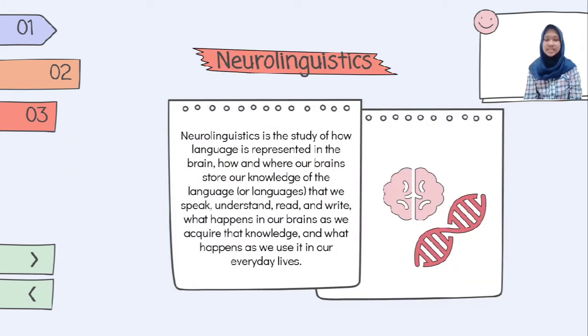Neurolinguistics is the study of how language is represented in the brain. That is, how and where our brains store our knowledge of the language or languages that we speak, understand, read, and write. What happens in our brains as we acquire that knowledge, and what happens as we use it in our everyday lives. Neurolinguists try to answer questions like this.